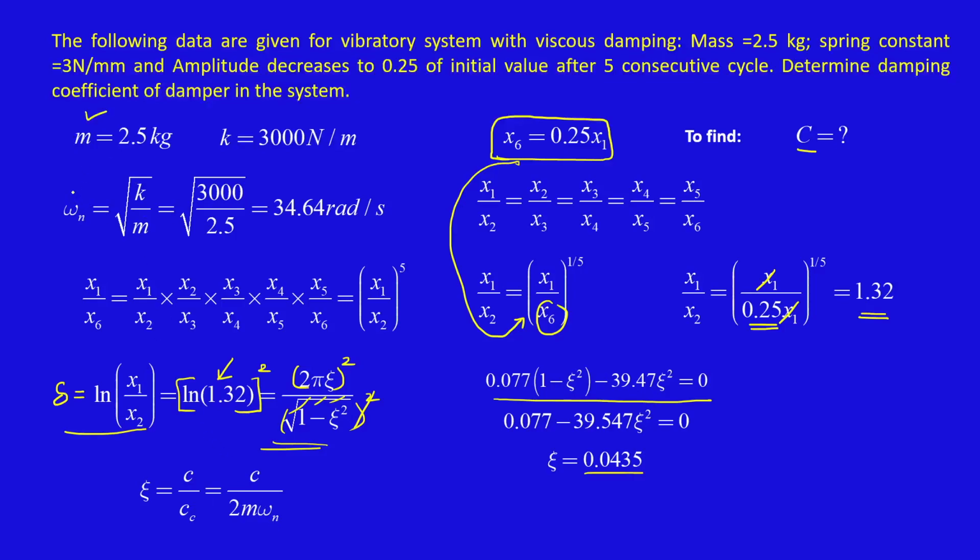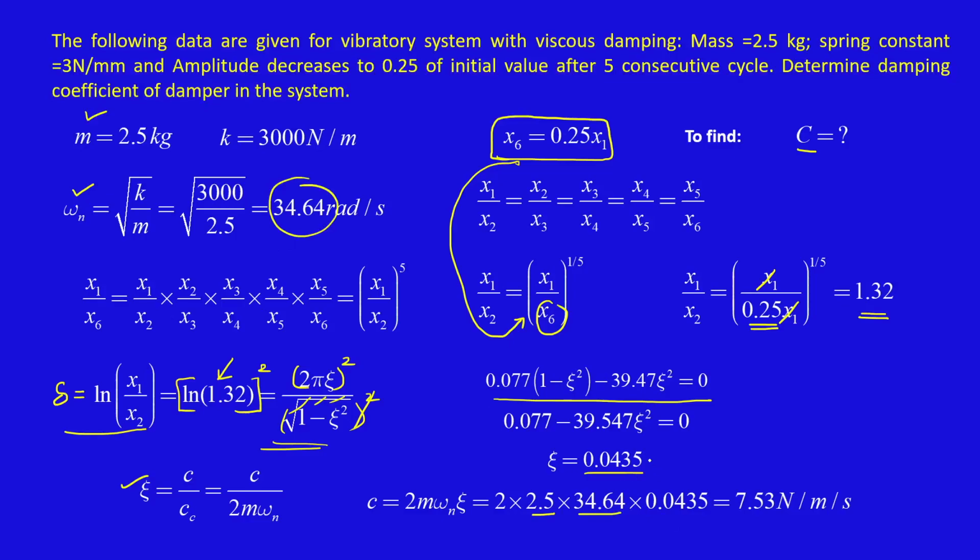M, omega n and eta are known values. So C equals eta times 2 m omega n: 2 into m 2.5, omega n 34.64, then eta 0.0435. So finally you will get damping coefficient C equal to 7.53 Newton second per meter.